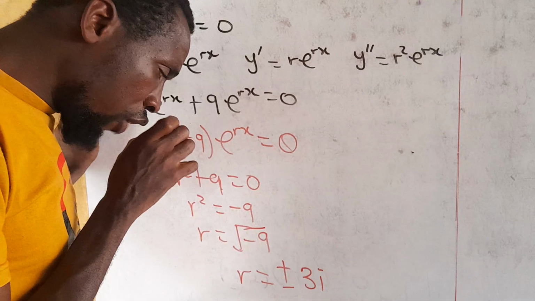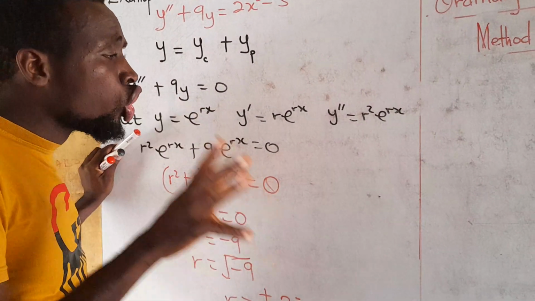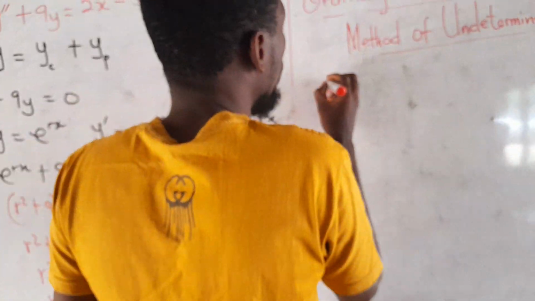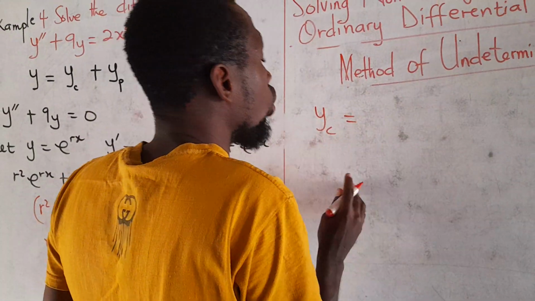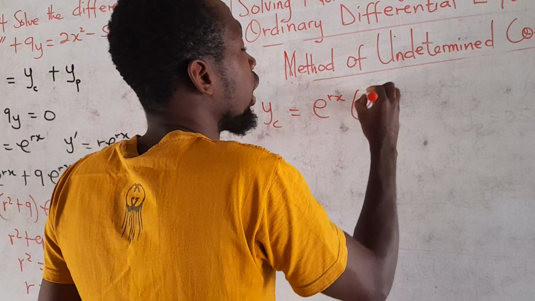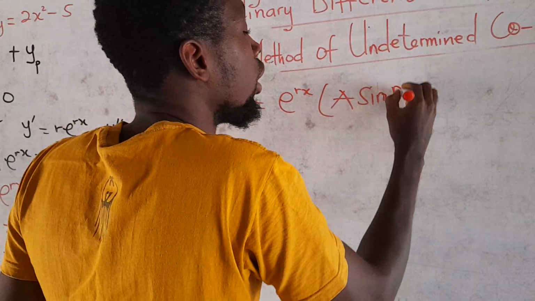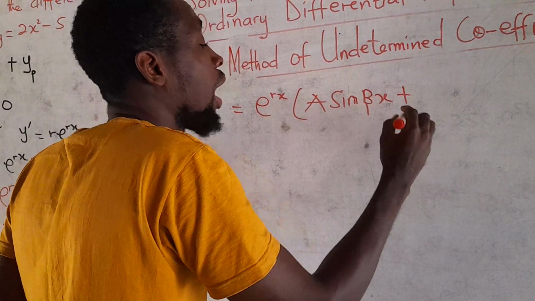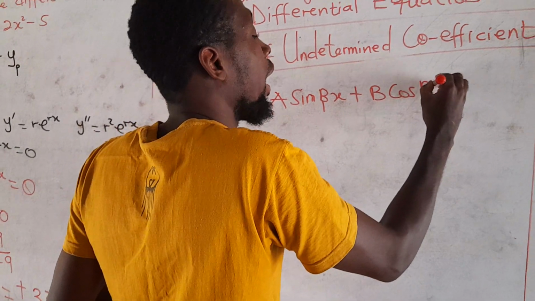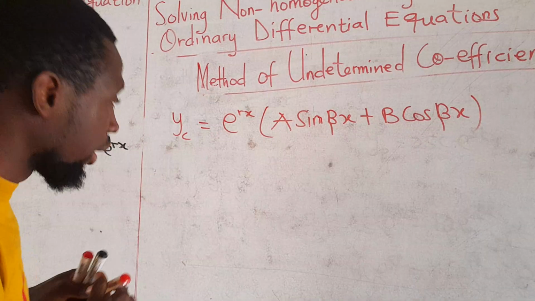And remember, when we are faced with a complex root system when solving a homogeneous higher order ordinary differential equation, our complementary solution y_c will be equal to e^(αx)(a sin βx + b cos βx). What is our α here?